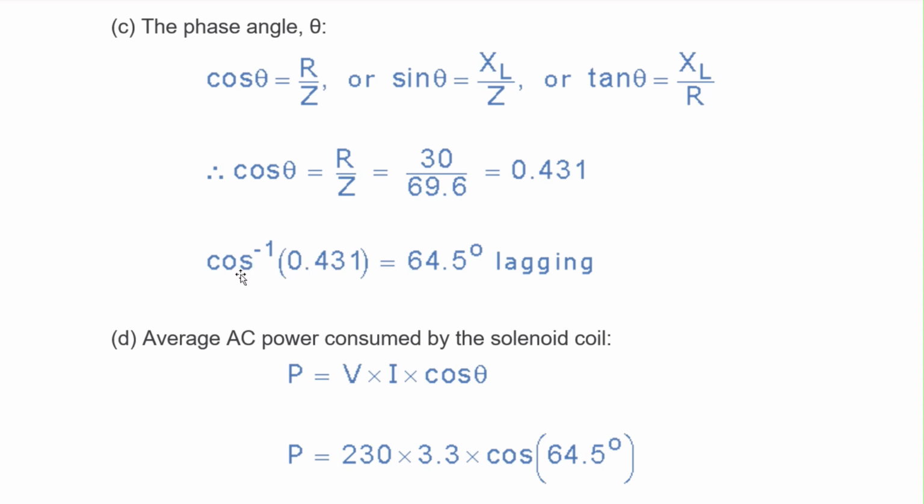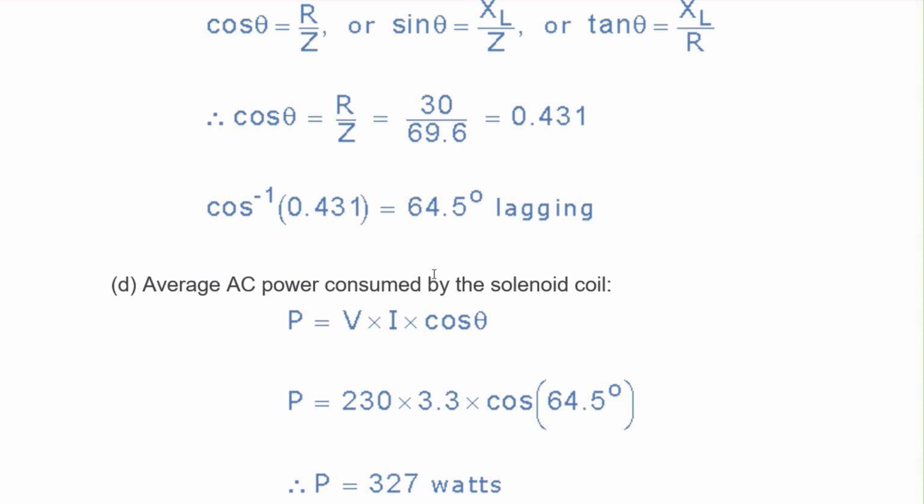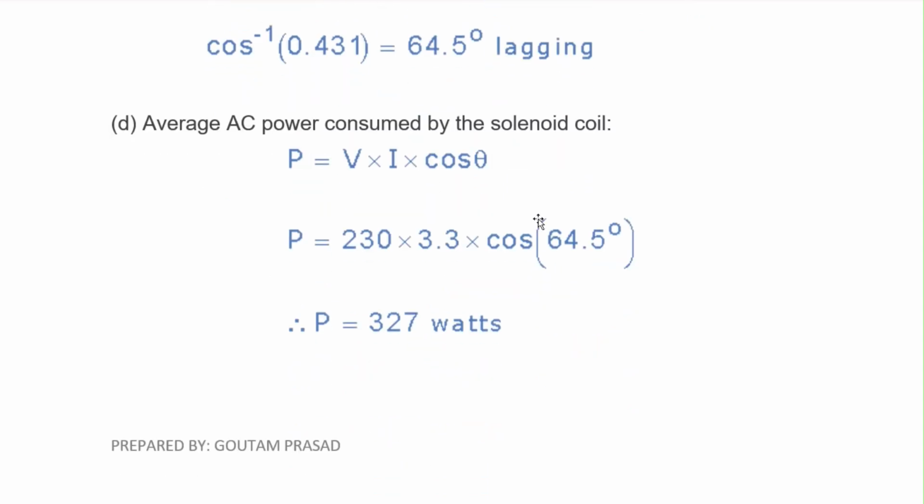If you take the inverse, cos inverse of 0.431, the corresponding angle is 64.5 degrees. Because it is an inductive circuit, this angle is a lagging angle. That means your current is lagging with respect to the voltage.